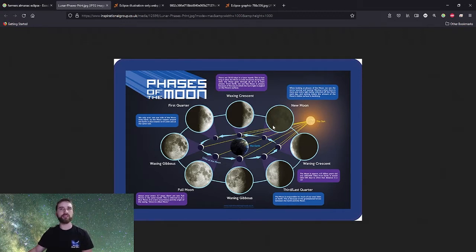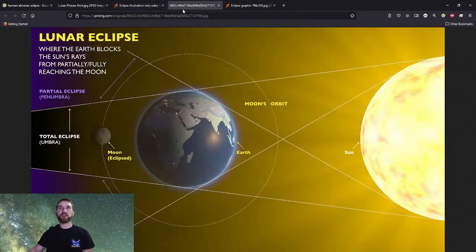So what happens in a full moon when the moon is in alignment with the sun and the earth, when it's directly behind the earth? Well, we have a lunar eclipse. So right here, we see that the moon is behind the earth.